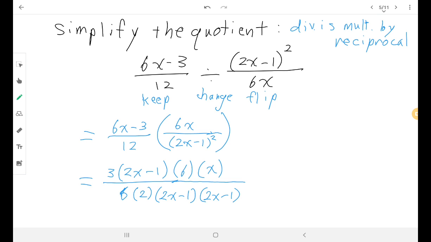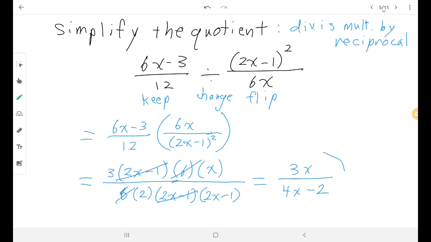And again, I'm doing that so that I can do cancel, cancel, cancel, cancel. And what that allows me to have is, on the top I've got 3 times x, which is 3x, and on the bottom I've got 2 times the quantity 2x minus 1, so I can distribute that 2 and get 4x minus 2.